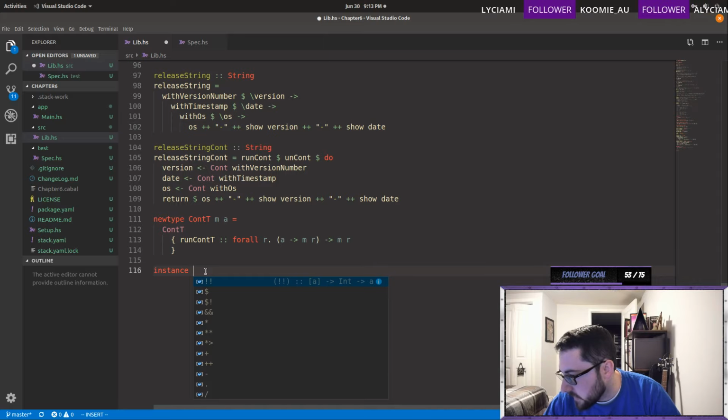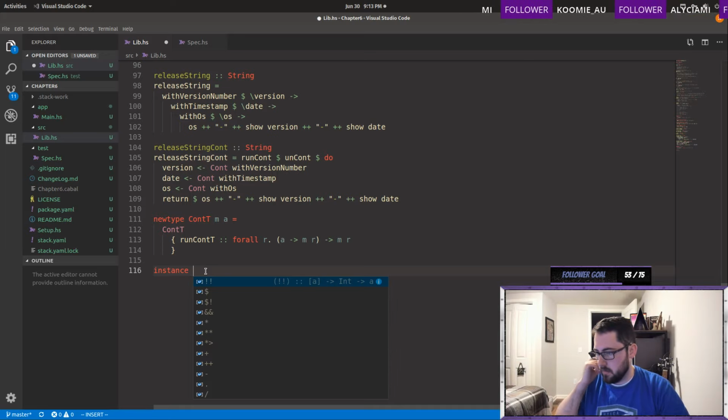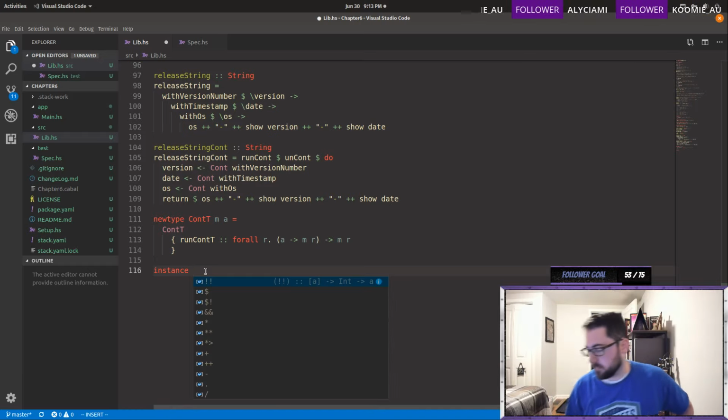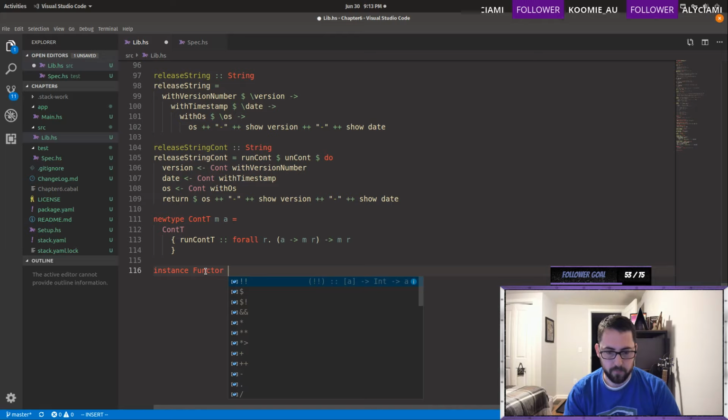Wait, isn't that Cont exactly the same? I think he wrote an extra equals in there on accident, maybe? Unless I'm missing something. Yes. Yep. This is what he writes in the book. I can tell you that. That part I know. Apparently these instances are very boring, though.